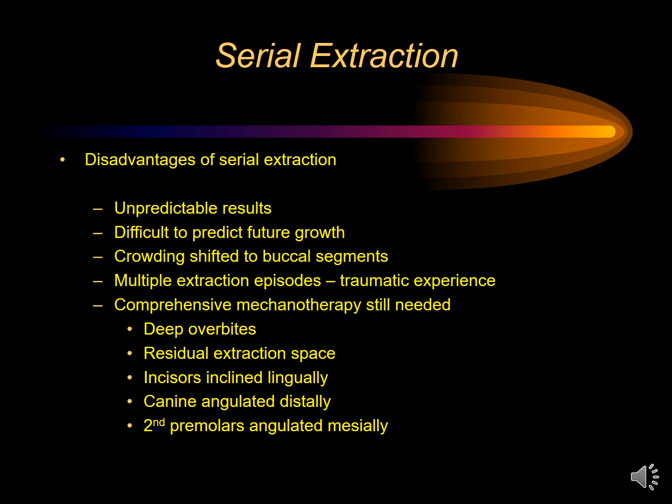As we align the labial segments, the crowding shifts to the buccal segments. It also involves at least 3 stages of extraction, and this can be a traumatic experience for the patient. And despite all this, corrective treatment may still be needed later due to deepening of the overbite.